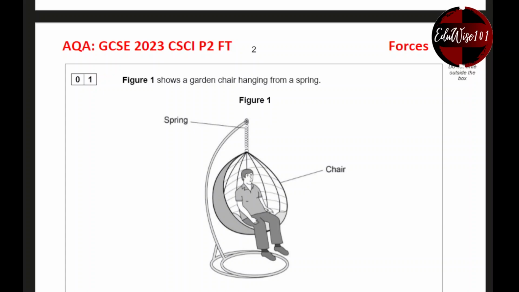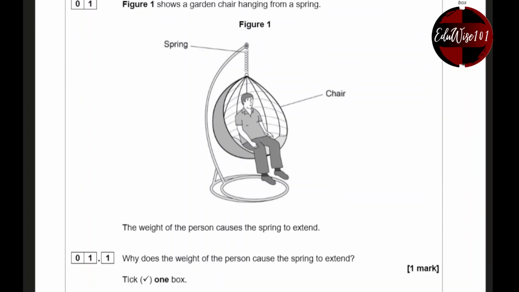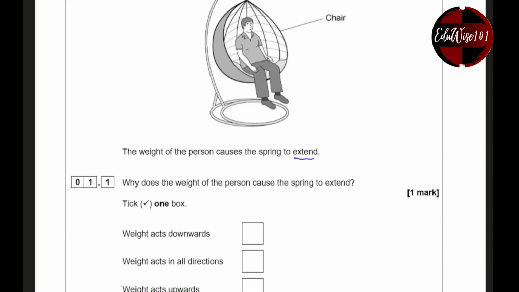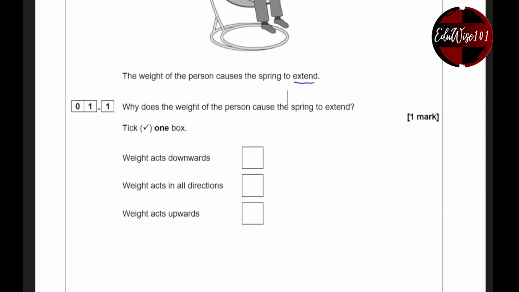Figure 1 shows a garden chair hanging from a spring. The weight of the person causes the spring to extend. So, as you can see on the top here, the spring's over here and the weight is causing the spring to extend, means it's getting longer. Why does the weight of the person cause the spring to extend? Tick one box.